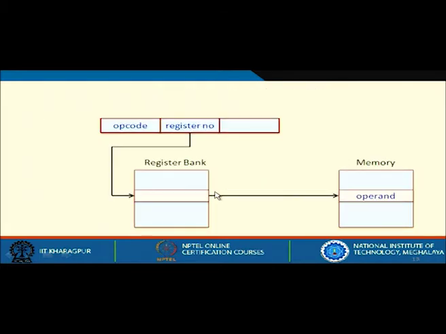So, this register gives you a memory location, and the data from that memory location is fetched from memory, and we get the operand. So, this is register indirect. In the register we are putting an address, and that address stores my operand.